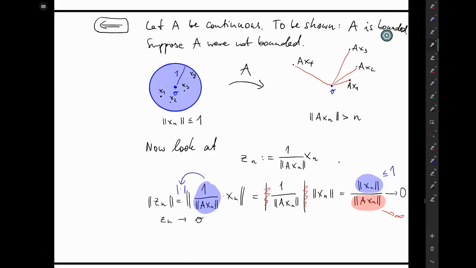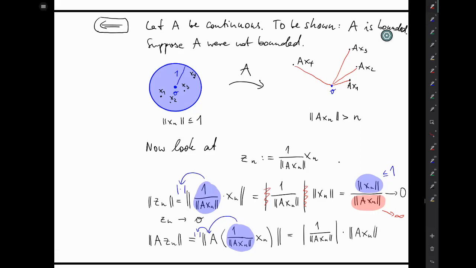Looking at the norm of the corresponding images in the same style gives you, by linearity of A, that you can get that little alpha here in front of A, and from there you can get it as modulus alpha in front of the norm, so that you end up with just this expression where, of course, again we can drop the modulus signs here because the number inside is already real and non-negative.